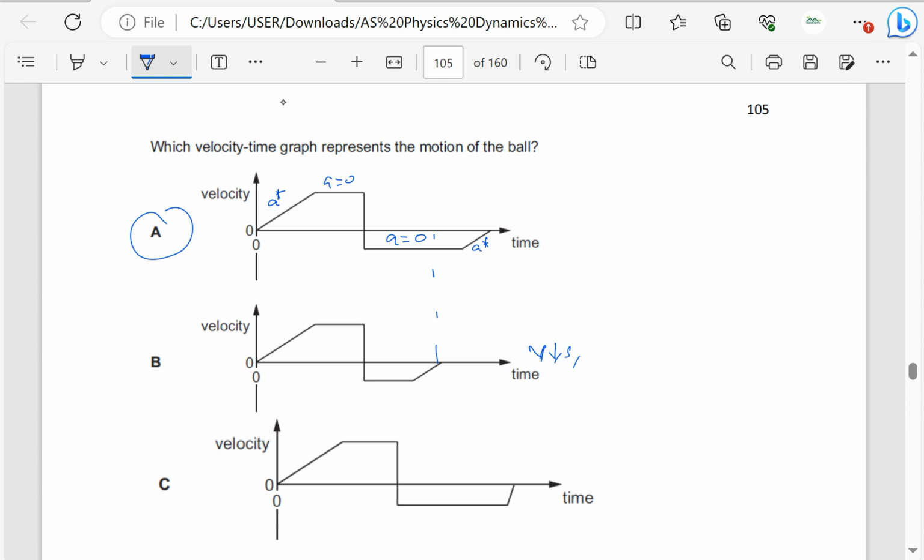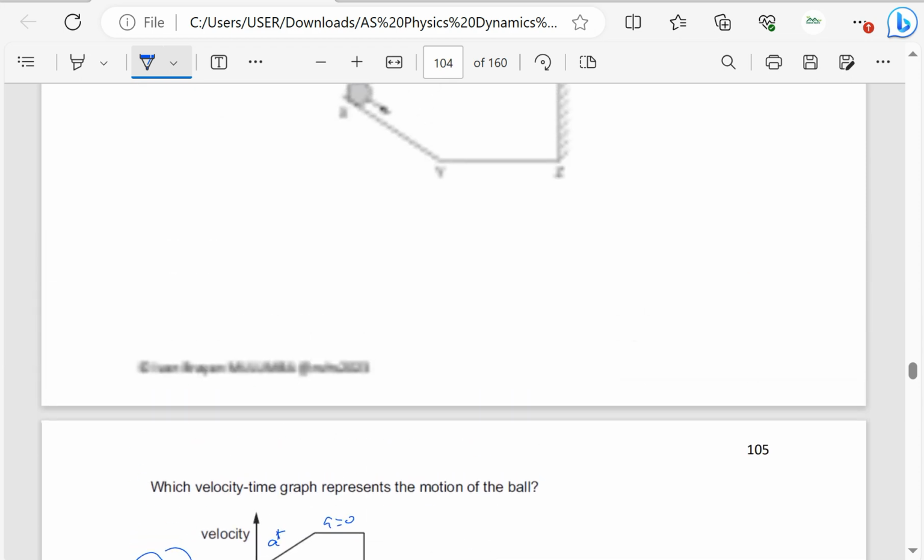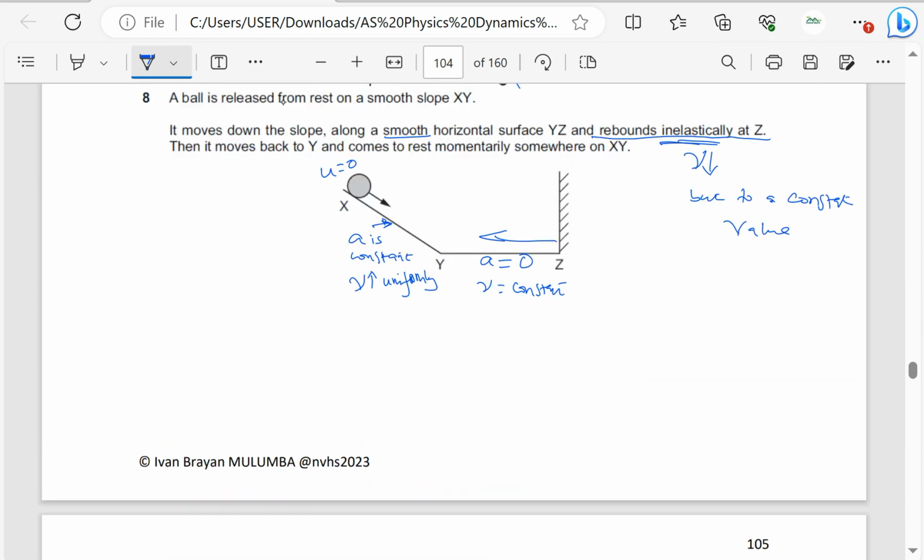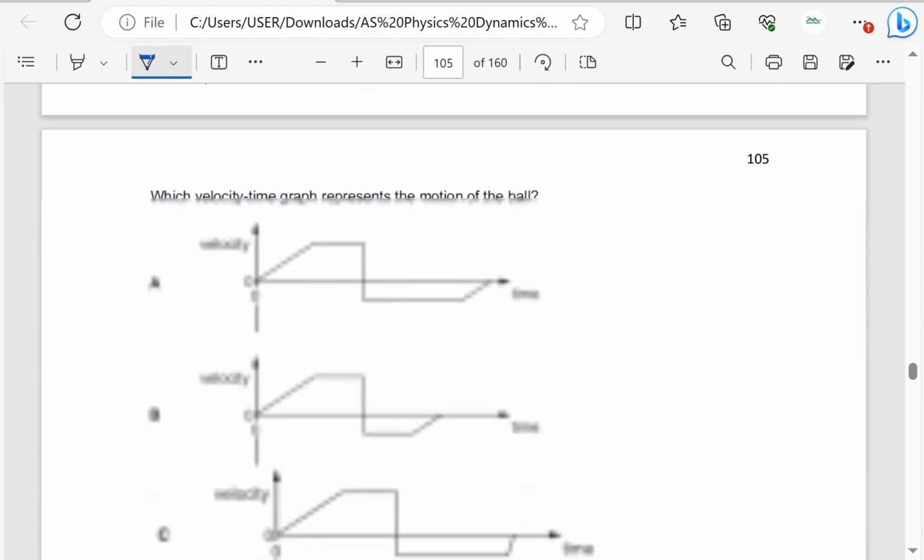So B is out. V decreases, but then it is going to take a longer time to reach Y, since the distance Y to Z is the same, and since it rebounds with a smaller speed, it must take more time to reach Y. So that means B is out.